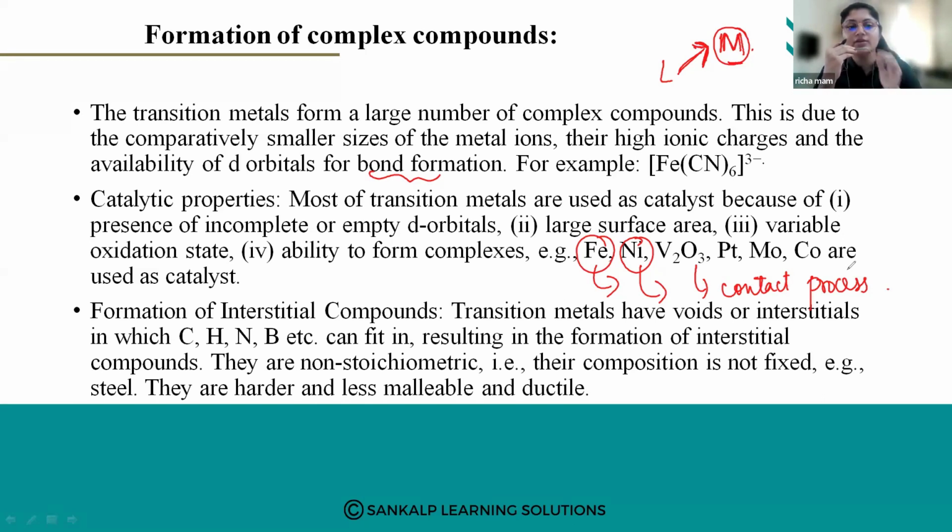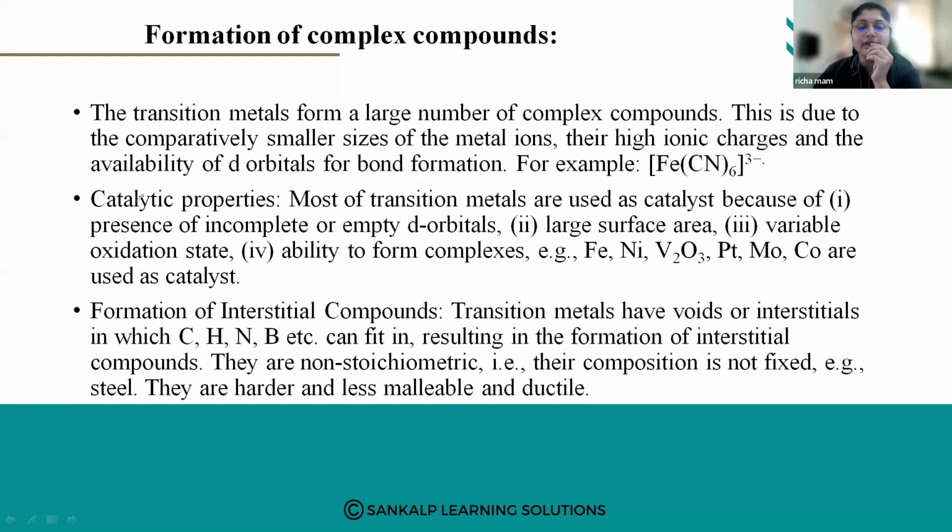So these are some of the examples of catalysts. Why do the transition metals have this catalytic property? The reasons are incomplete or empty d orbitals, large surface area, variable oxidation state, and ability to form complexes. So this is the second property of transition metals.